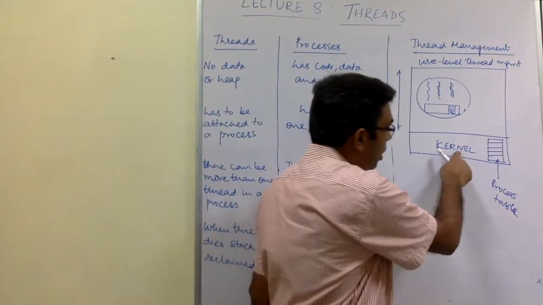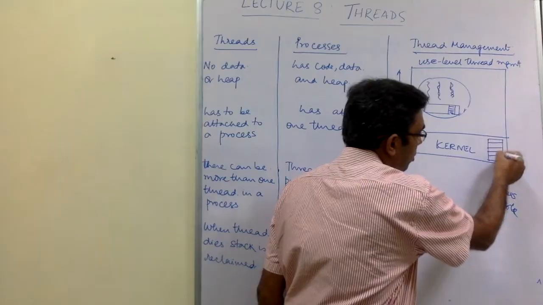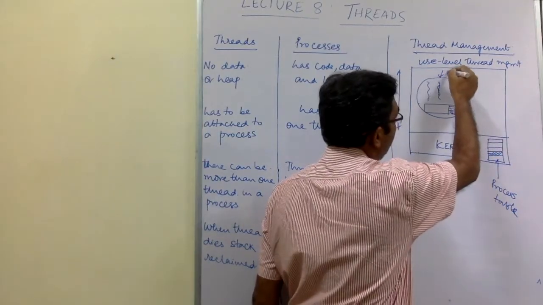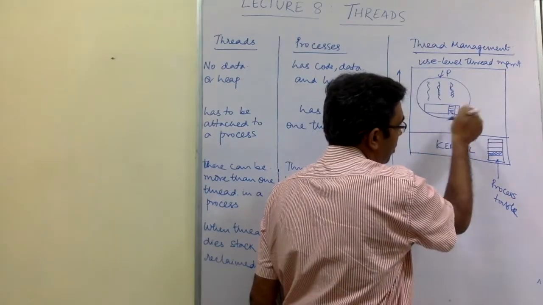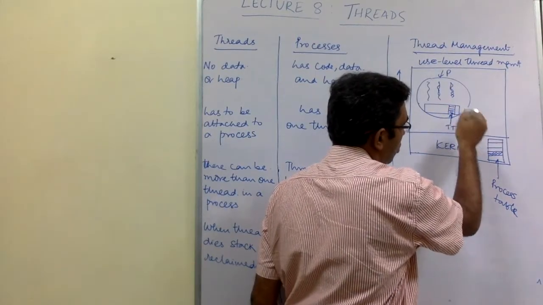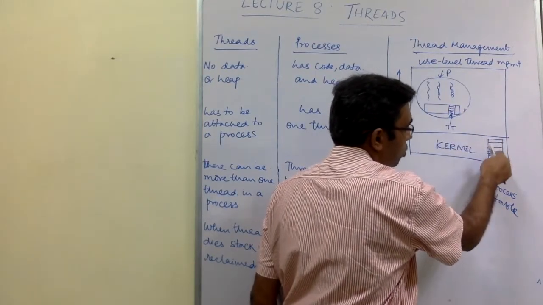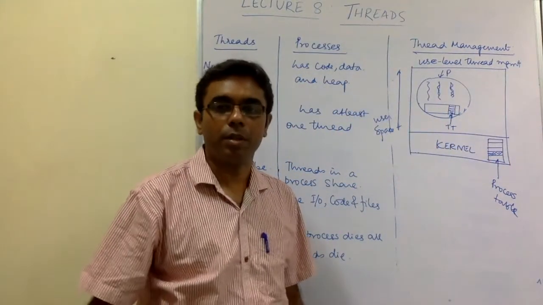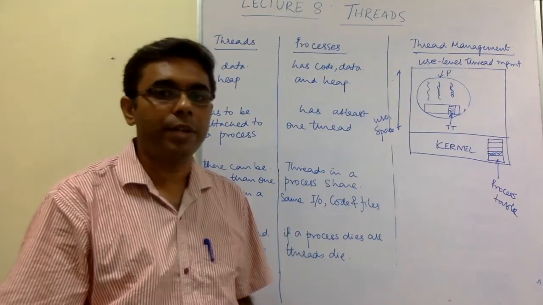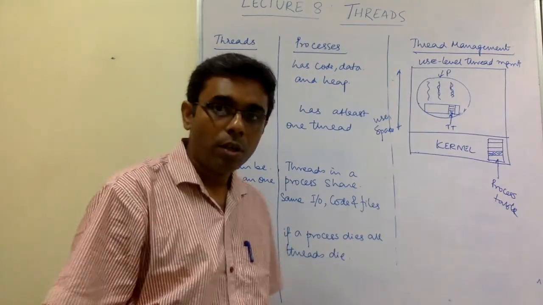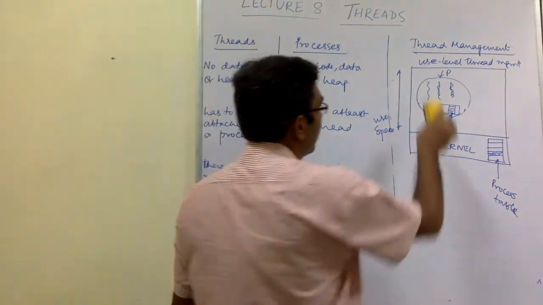So if the kernel is maintaining the information about this particular process P in this entry, then this thread table should have a corresponding pointer to this entry in the process table. This is how the process keeps track of how many threads have been created in it. So this is what happened at the user level.